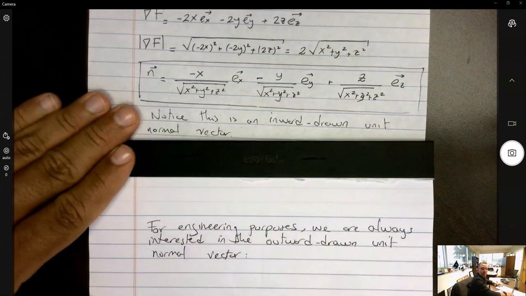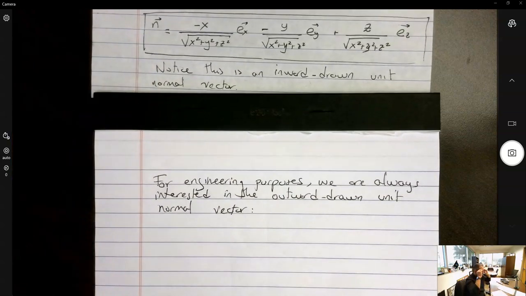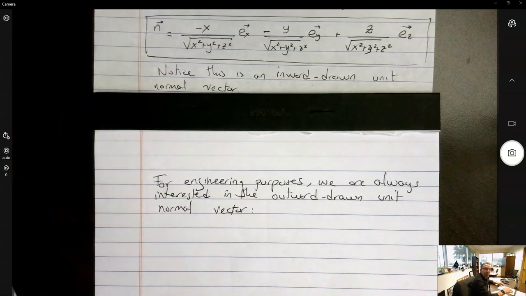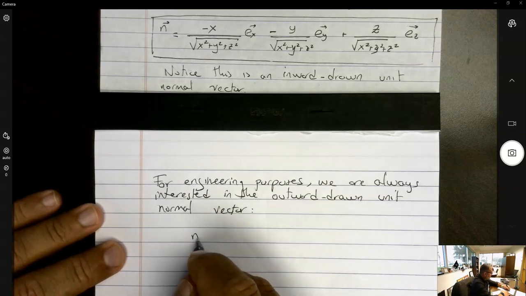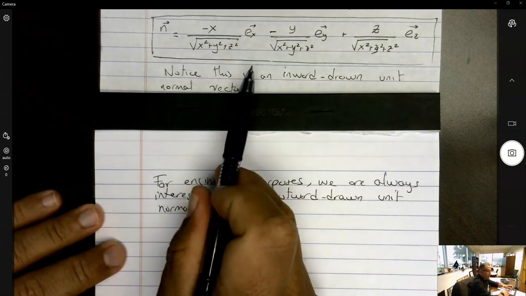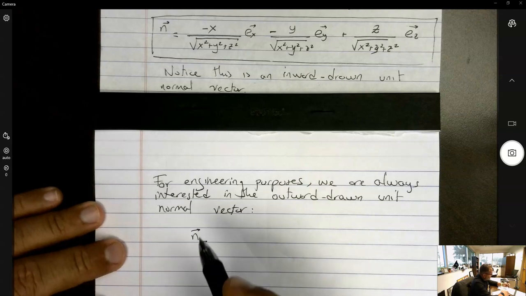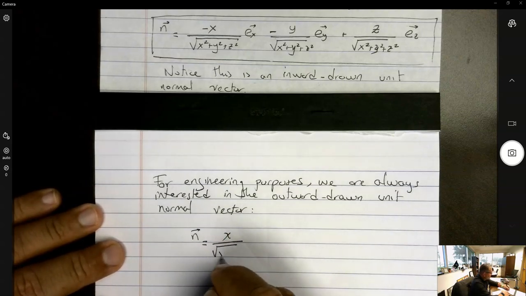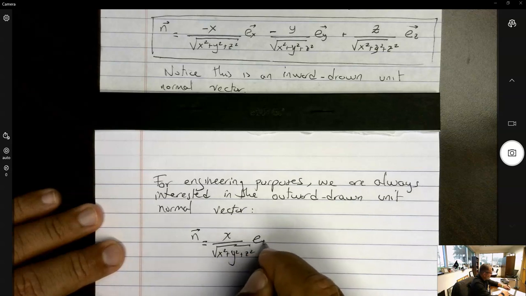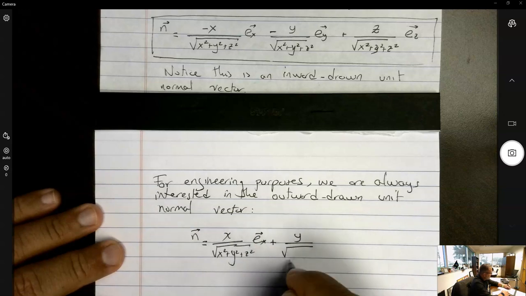And that again is just a universal convention, because most quantities in engineering are defined as positive going out or positive leaving a control volume. So in this particular case, if we want to define the normal vector that is equal to this one but opposite in sense, all we have to do is multiply the whole thing by -1. And again, this denominator can be taken out as a common factor, but just for illustration purposes, I am just leaving it underneath every single component.